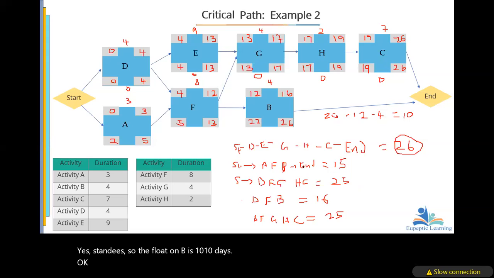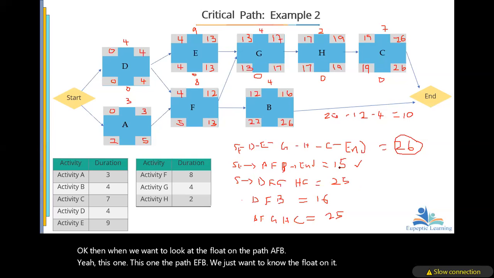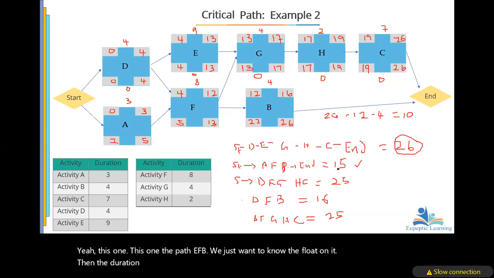Then when we want to look at the float on the path AFB, here, this one, we just want to know the float on it. The duration of that one is 15, is that not it? So you subtract it from 26.